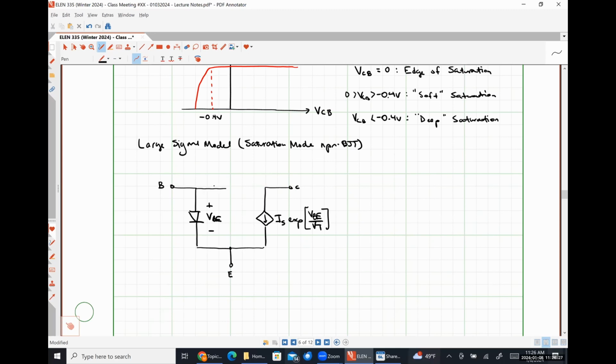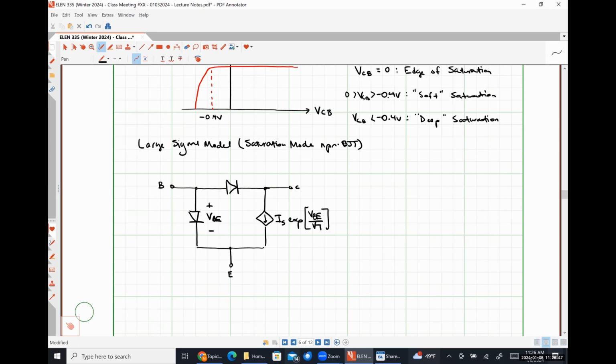The only difference is that now our base collector junction is no longer reverse biased, which means it's no longer going to look like an open circuit.